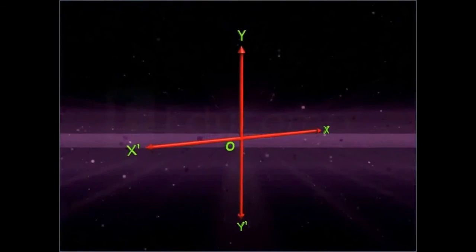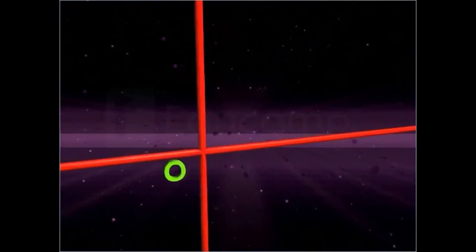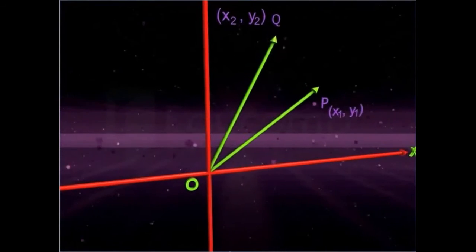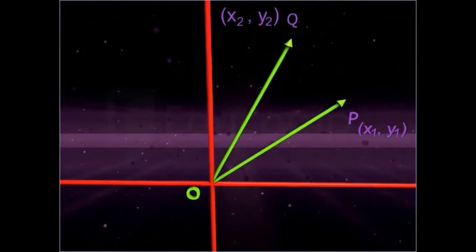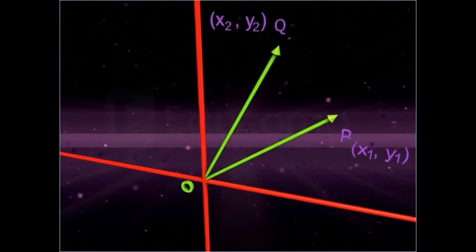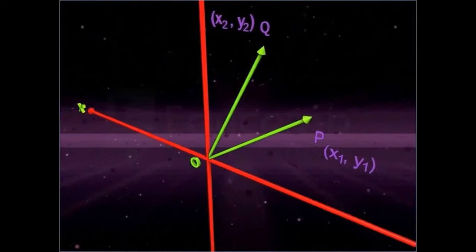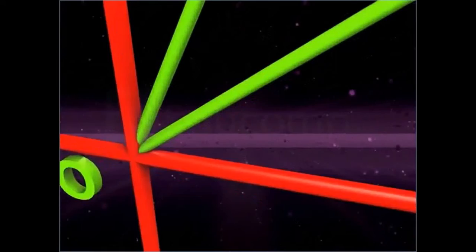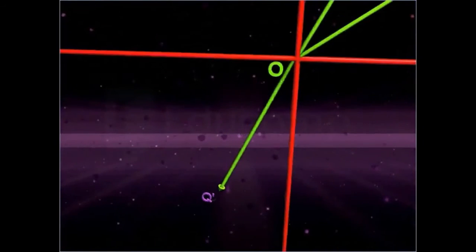Now, to find the difference between two complex numbers, again consider these two complex numbers in the Argand plane. The difference of these two complex numbers is the same as adding the first complex number and the negative of the second complex number.